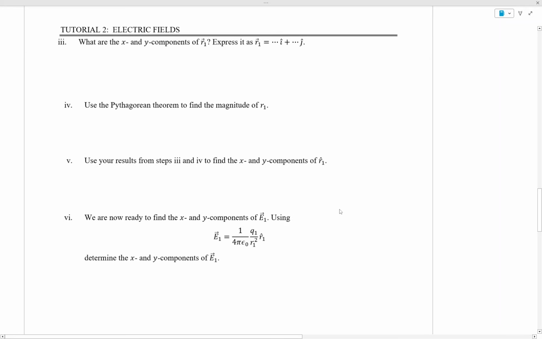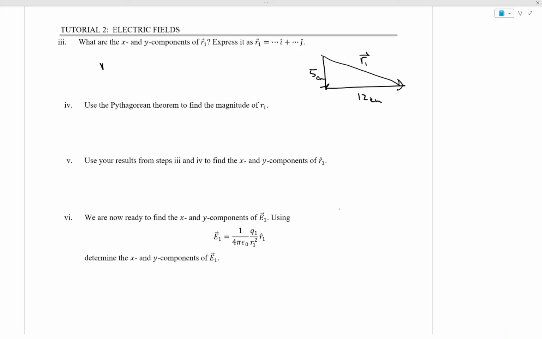So what are the x and y components of r1? Let me just sketch this again so we have it right in front of us. We had r1 looking like this. And if we look back at the diagram, we would see this is 5 centimeters, this is 12 centimeters. So the x and y components of r1 are explicitly 5 centimeters in the negative y direction, 12 centimeters in the x direction.